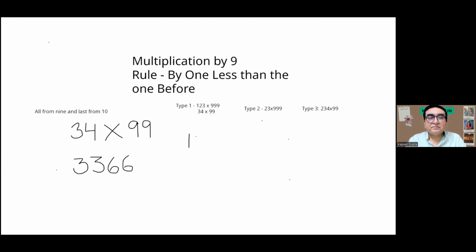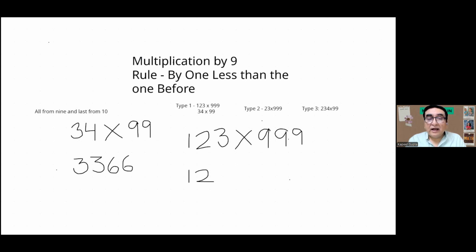123 multiply by 999. Obviously, by the traditional method, you will take much more time. But see what I did? I subtracted 1 from 123 and got 122.